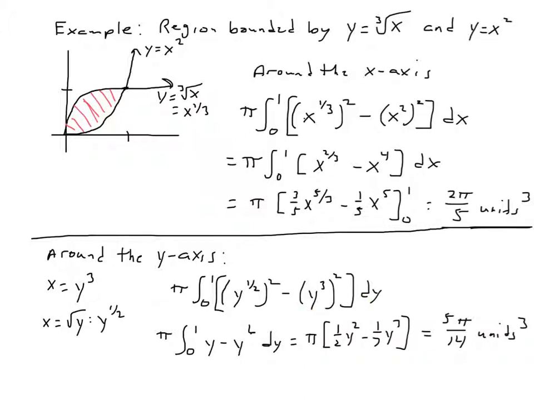And so that becomes pi times the integral from 0 to 1. When I simplify those, that's y minus y to the 6th dy, which is pi times 1/2 y squared minus 1/7 y to the 7th. And when I actually calculate that definite integral, it comes out to be 5 pi over 14 cubic units.